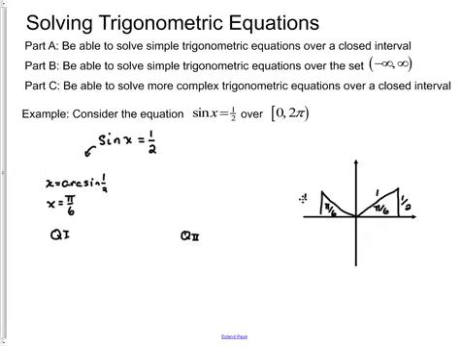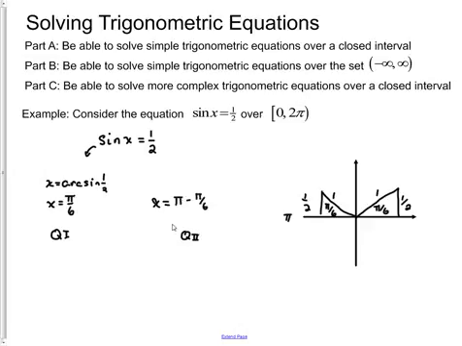We know we would have a ratio of 1/2 opposite over hypotenuse. But in order to find this, we're going to use our reference angle and pi to find this one. So our actual x value here for our second quadrant is going to be pi minus pi over 6.